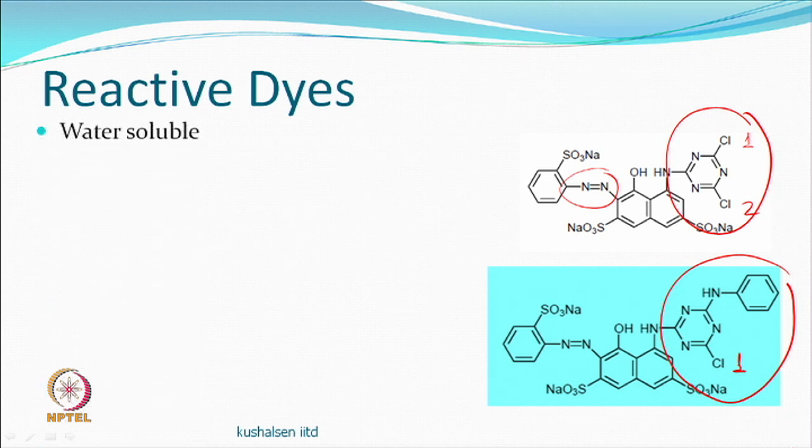All the dyes are water soluble, as we know, because of some groups like this. So, this is the solubilizing group. And so, they are water soluble, and so we will make paste in aqueous medium.